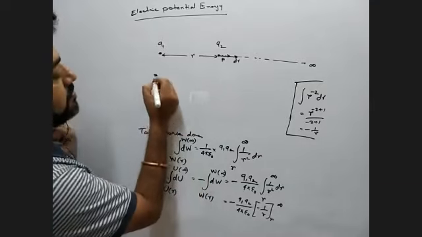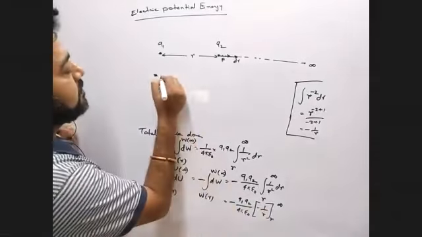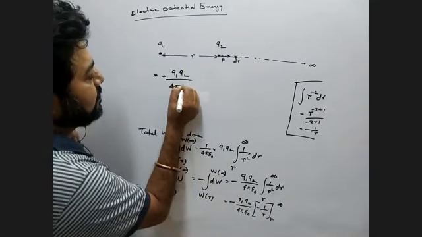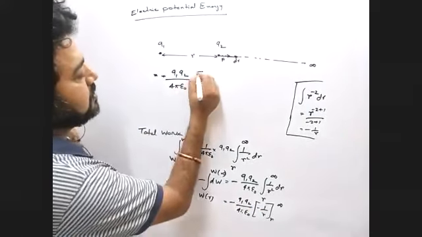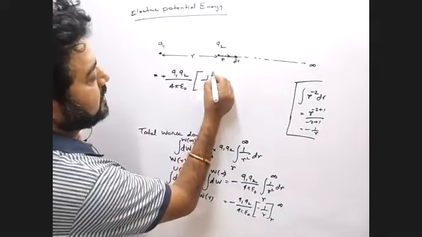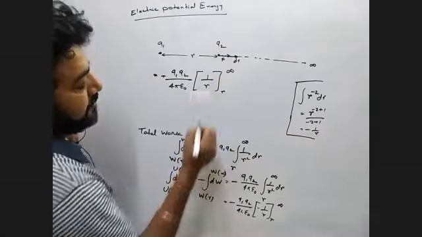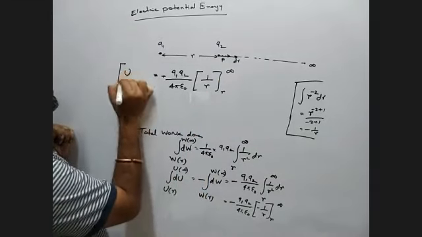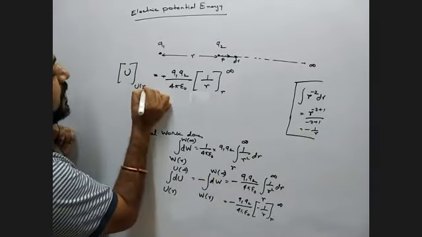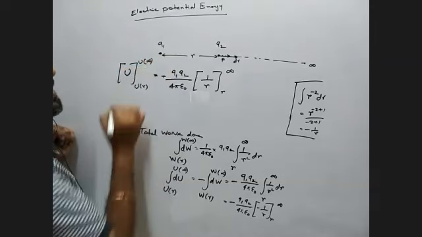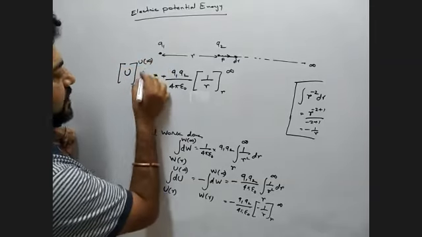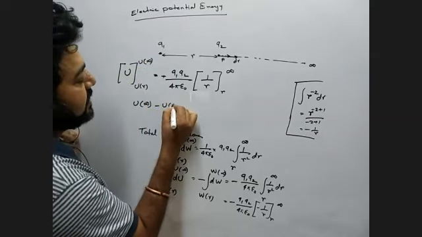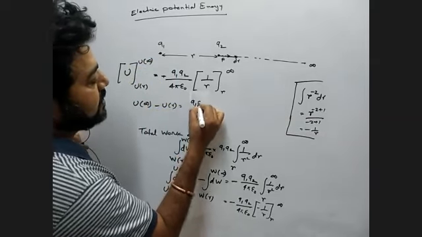Minus minus gives plus, so Q1 Q2 by 4 pi epsilon naught times 1 by r from r to infinity, and here you have dU, U r to U infinity.